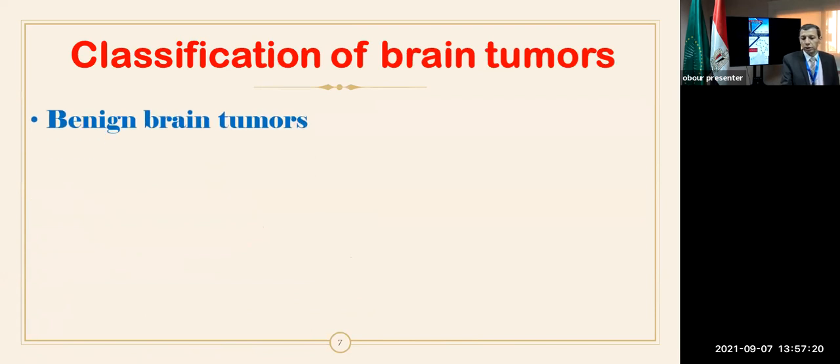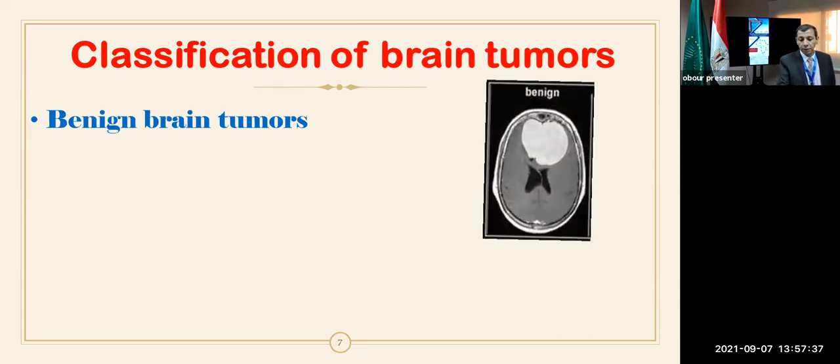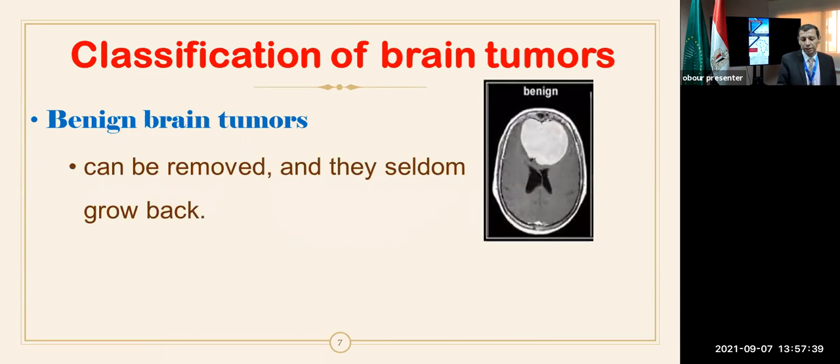When we want to do classification of a brain tumor, we may use the traditional approach in classifying tumors as benign brain tumor, which has some features: it can be removed and seldom grows back.